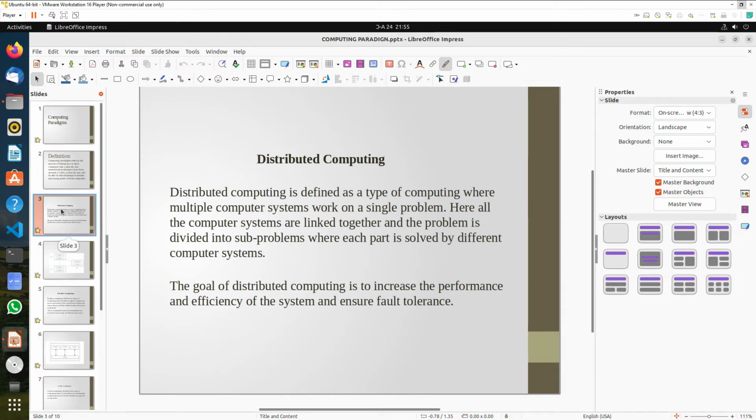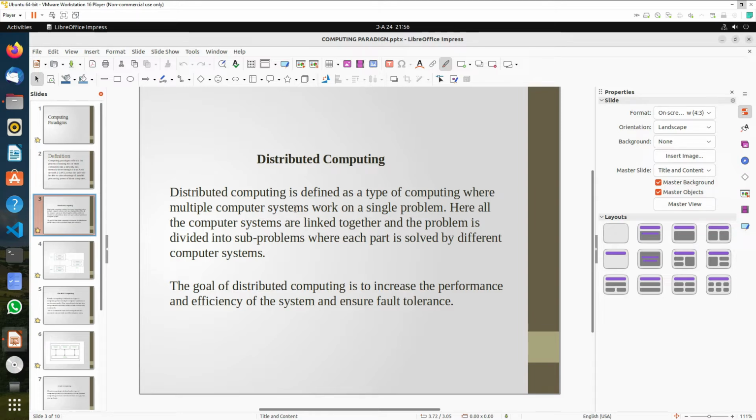So in this case, distributed computing will also be a network of computers. You see, it says it's defined as a type of computing where multiple computer systems work on a single problem. So multiple computers are working together on a single problem.